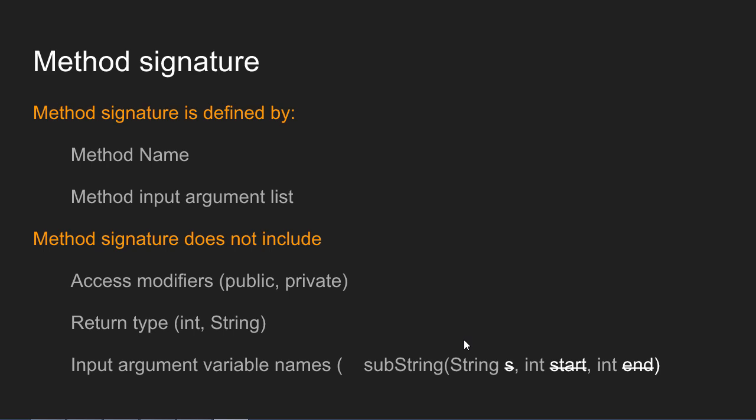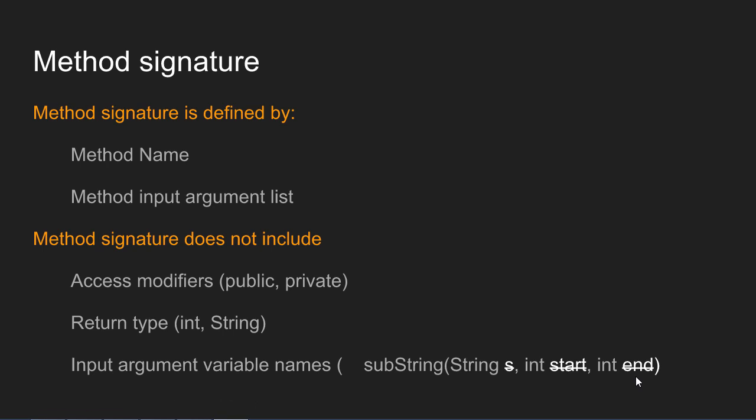So now we know that the method signature is defined by the method name and the method input argument list, or the types of these input arguments. The method signature does not include the access modifiers, the return types, or even the variable names that are given to the input arguments. Here the variable names s, start, end don't matter. They can be anything and they are not part of the method signature.